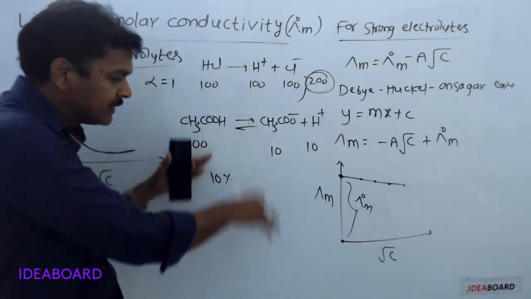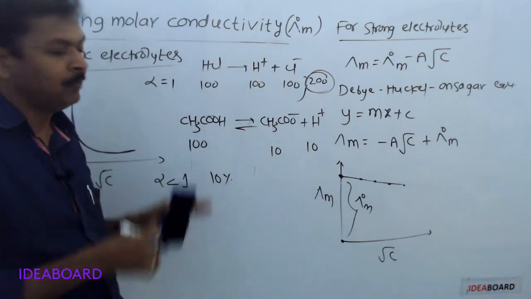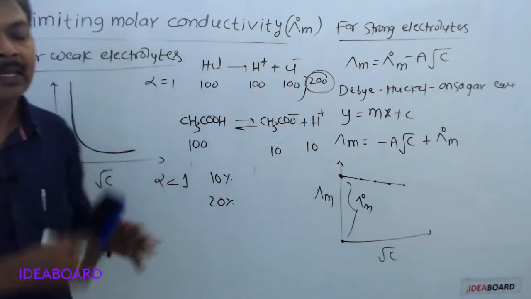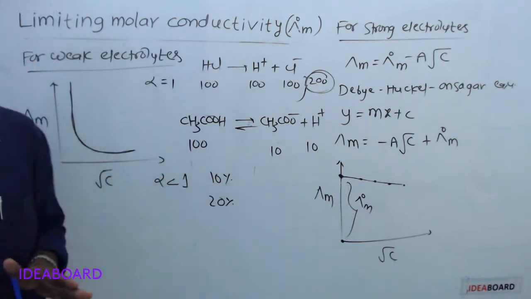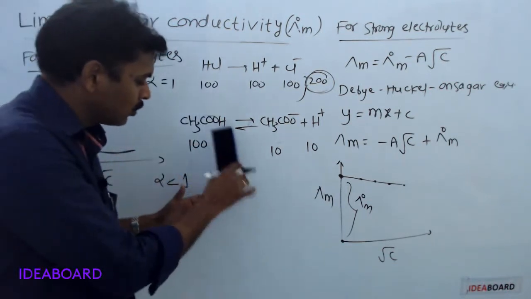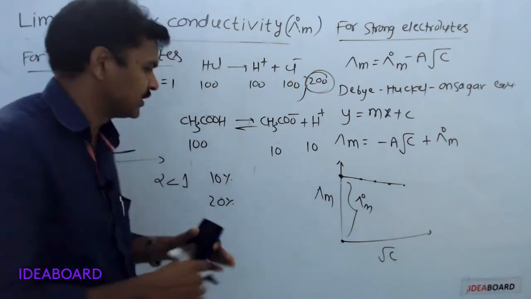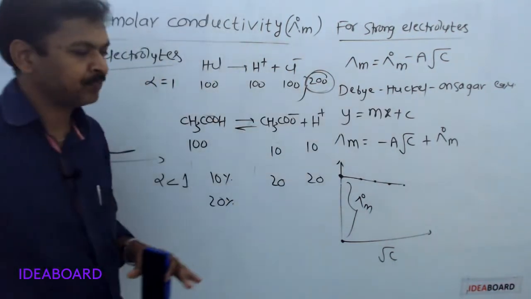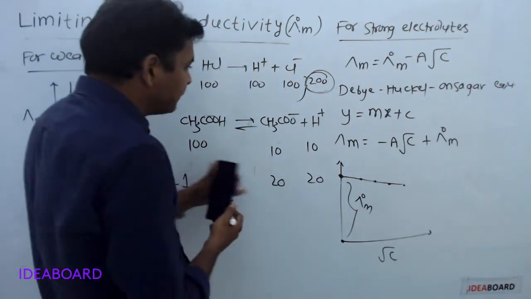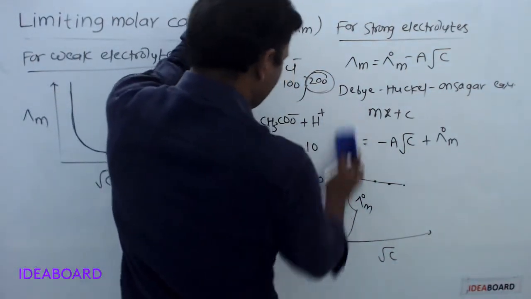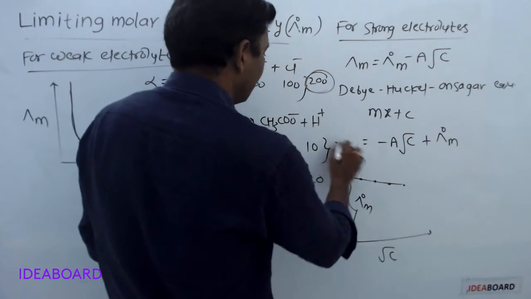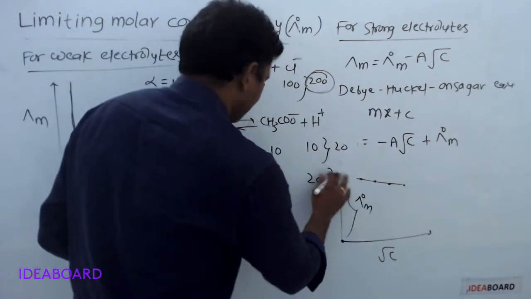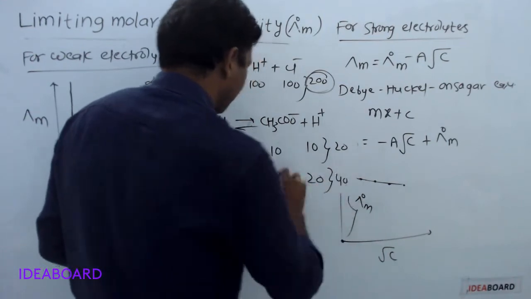On dilution, its degree of dissociation increases. If it increases to 20%, 20 acetic acid molecules undergo dissociation, then 20 acetate ions and 20 H plus ions. At 10% dissociation, number of ions is 20. At 20% dissociation, number of ions is 40.